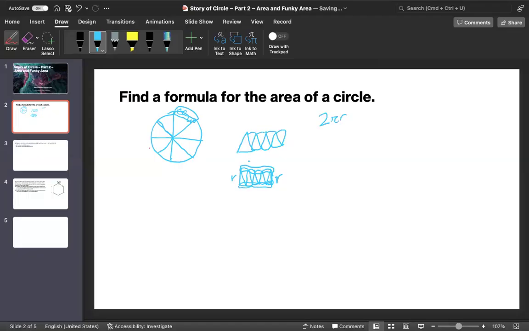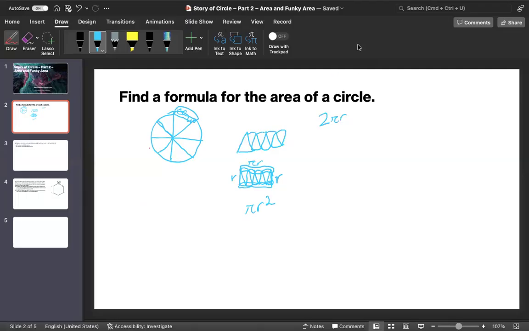So this is going to be pi r. So the area will be pi r squared. That's how the ancient Greeks found the area.